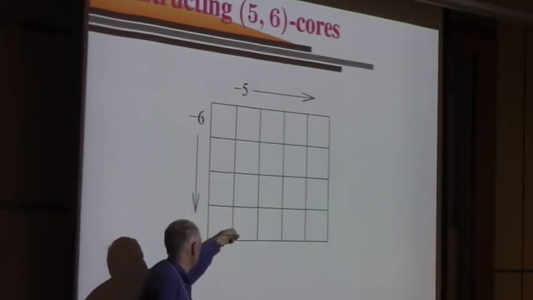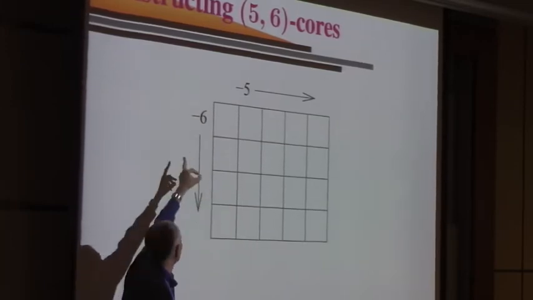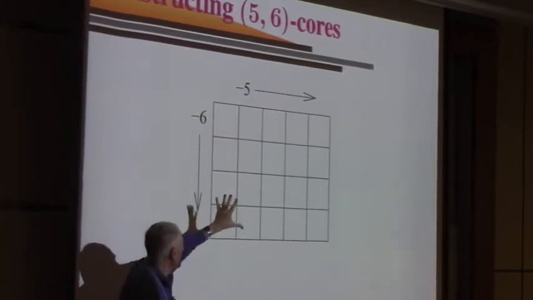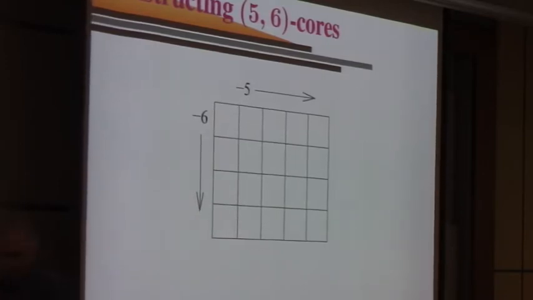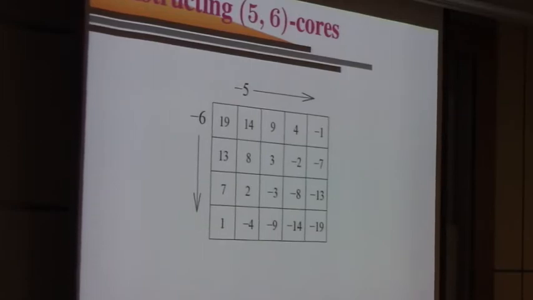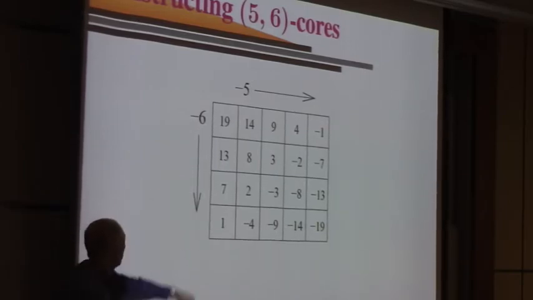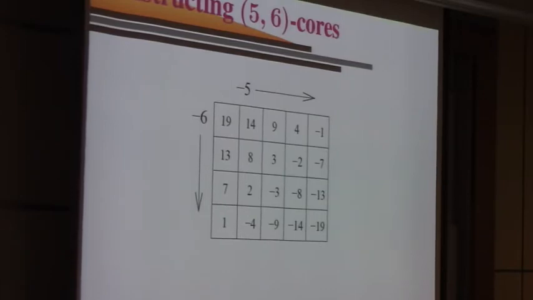As you read along the rows, the numbers are going to decrease by 5, along the columns decrease by 6, and we want the whole array to be anti-symmetric. The number in the upper left-hand corner is minus the number in the lower right-hand corner. I think that makes the upper left-hand corner n squared minus n minus 1. But anyway, we get this unique array like this.